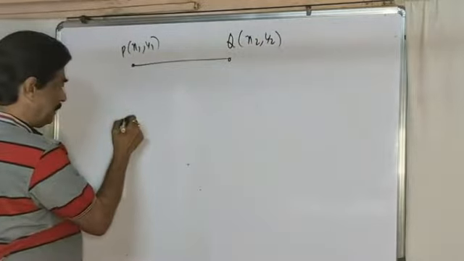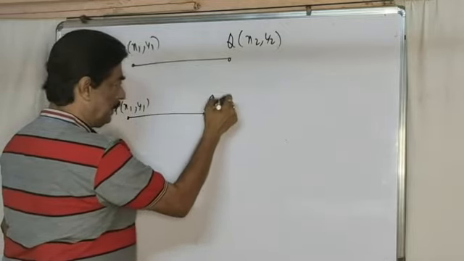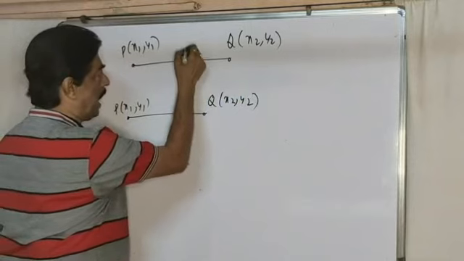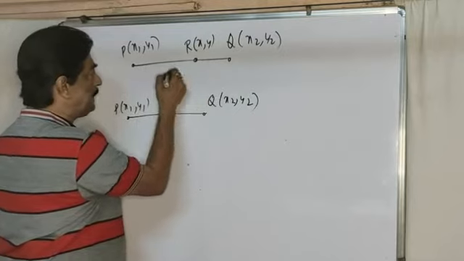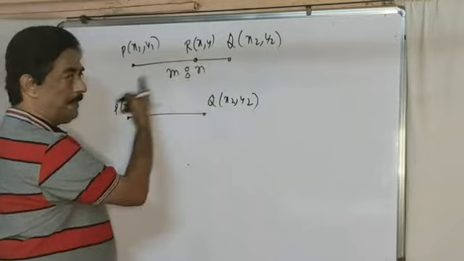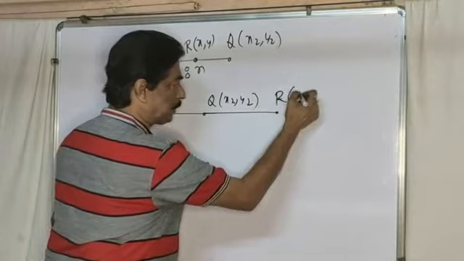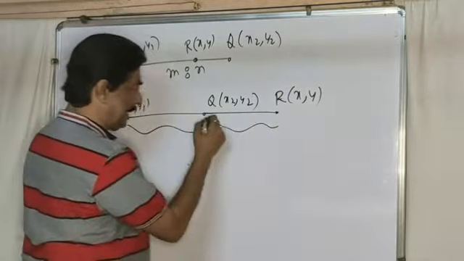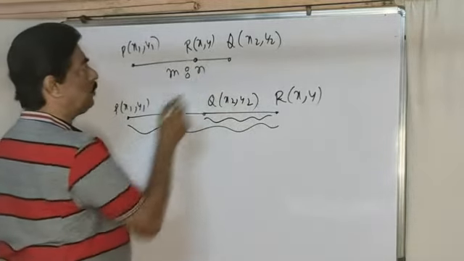I consider any one point, say R, whose coordinate is (x, y), divides the PQ internally in the ratio m is to n. R is in between P and Q. If I extend this, R is at (x, y), so R divides externally, PR is to QR. So here PR is to QR internally.